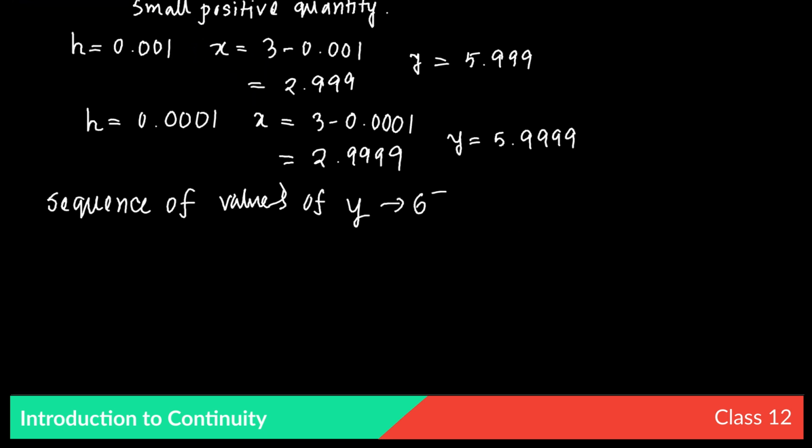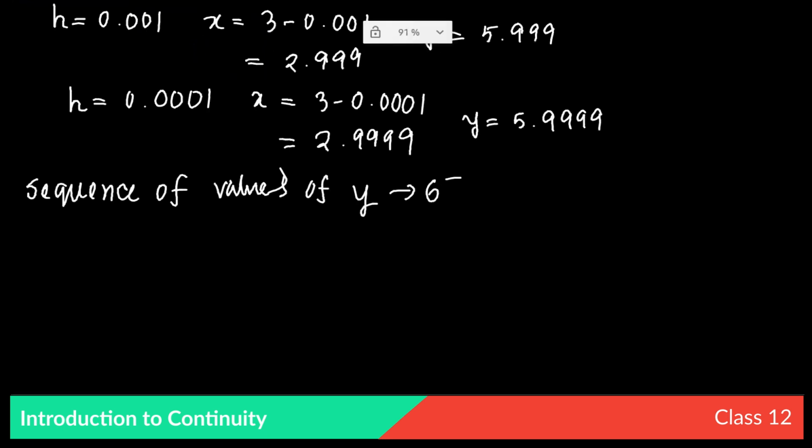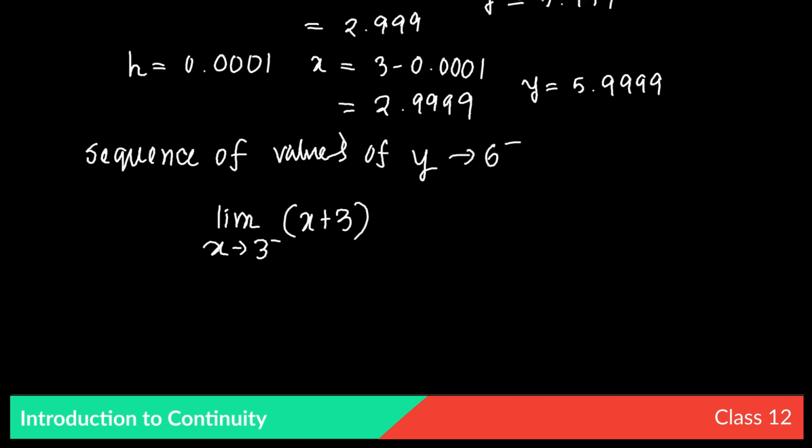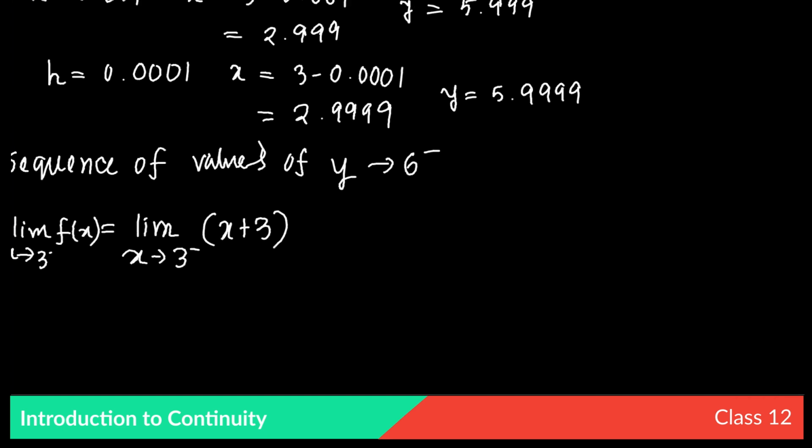Now, from the concept of limit, we know that limit x tends to 3 minus of x plus 3, this is actually limit x tends to 3 minus of f(x). This will be 6. The limiting value is of a defined function.